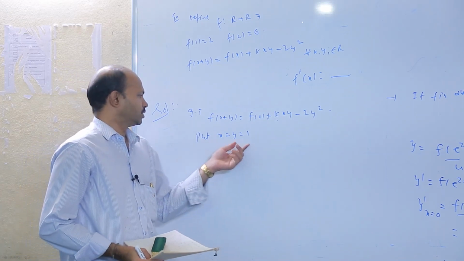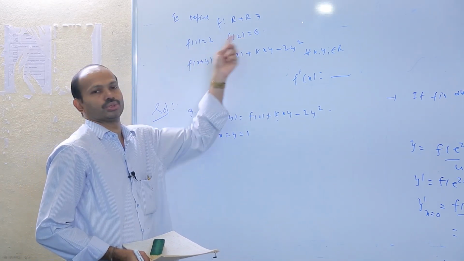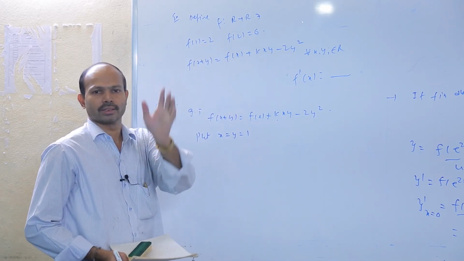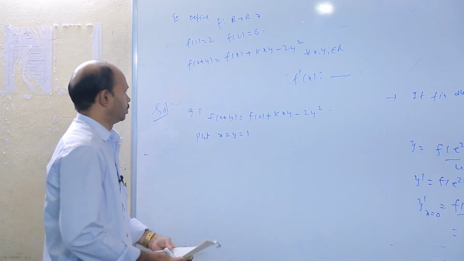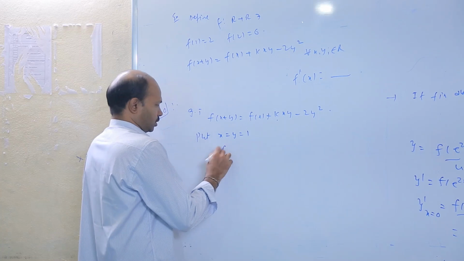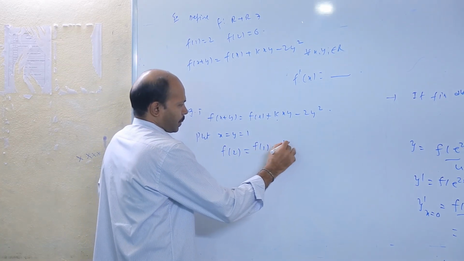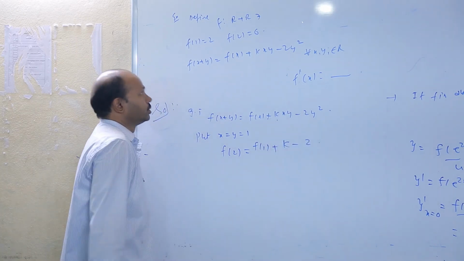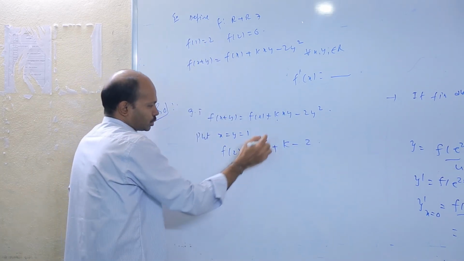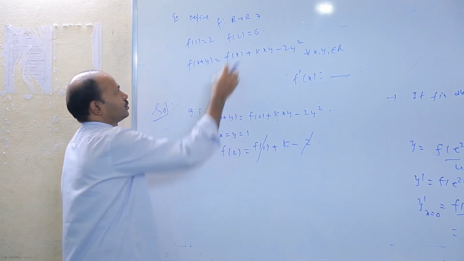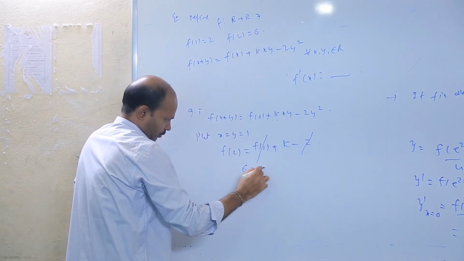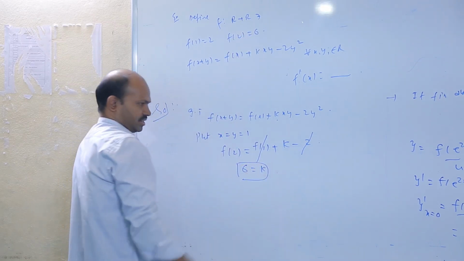Based on xy is equal to 1, we have the given data follows. That is the reason we have taken the substitution x is equal to y is equal to 1. Apply in the above expression. We have f of 2 equals f of 1 plus k minus 2. What is f of 1? 2. So these two cancel. What is f of 2? 6. Therefore, the value of k is 6.